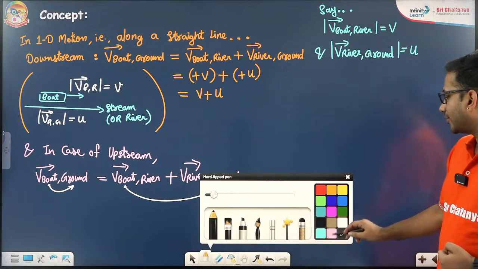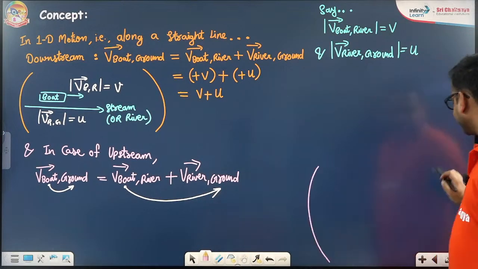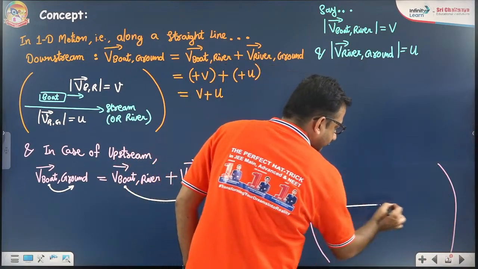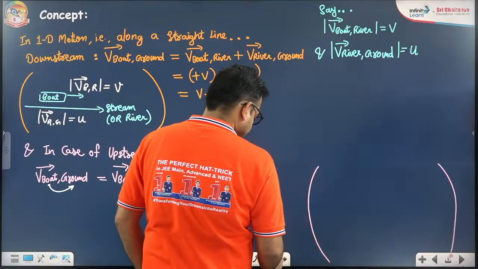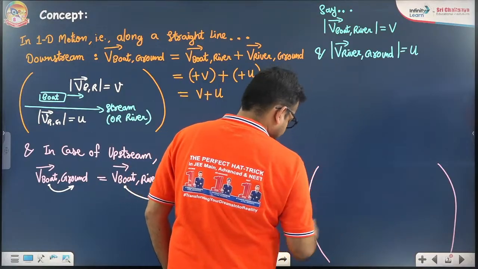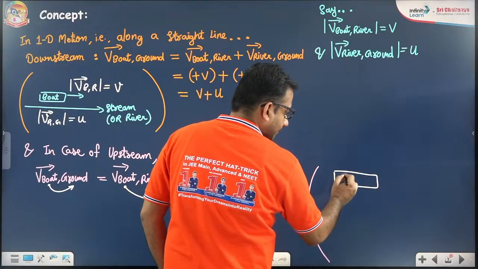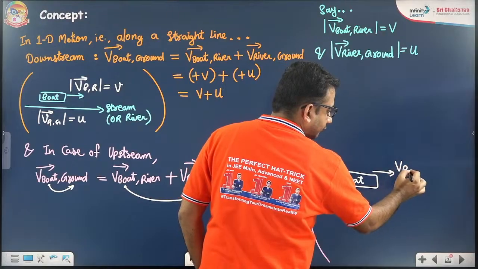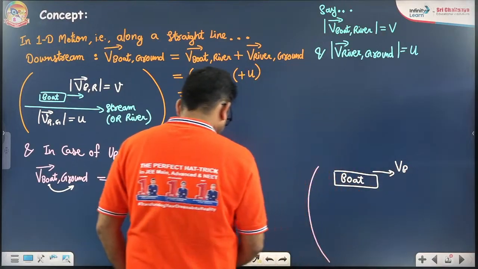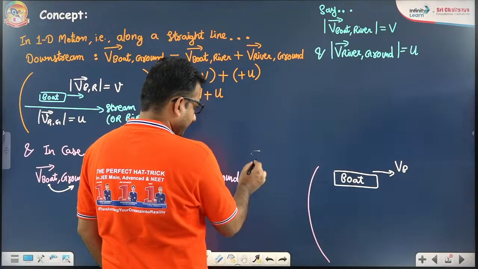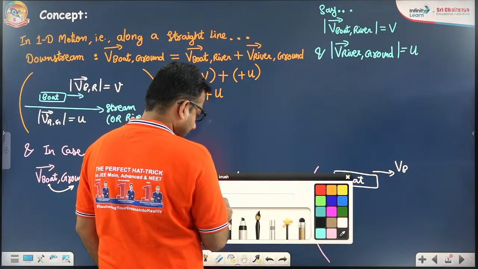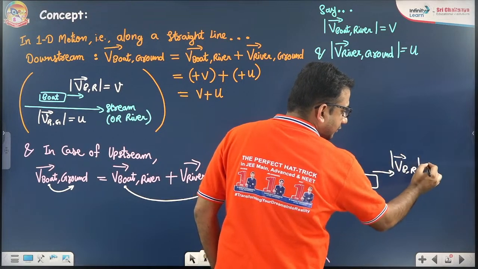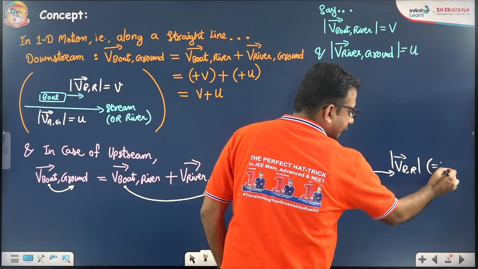Now, if I show that diagrammatically for you, the boat is moving in this direction with velocity of boat with respect to river, and the magnitude of velocity of boat with respect to river is v.